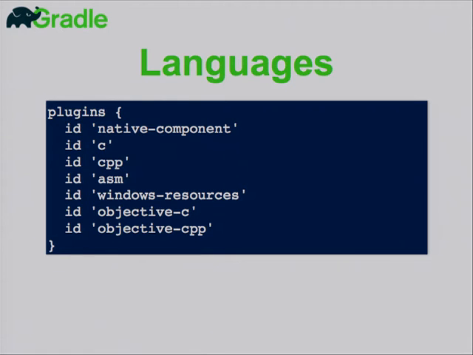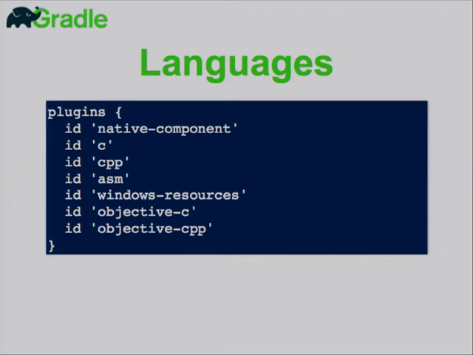It defines a type of source, a source set that can say something about the sources. Say Objective-C sources have header files. So it provides an Objective-C source set that says I have header files and I have sources, whereas an assembler source set does not have header files, it just has sources.